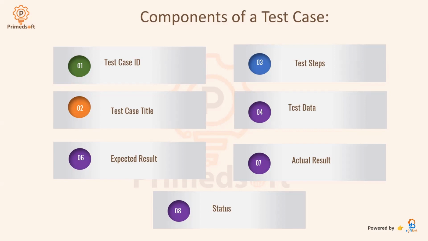So the second one I said is test case title. You need to give your test case a title, right? That title could be a description, which is a brief description of the functionality or scenario being tested. Like I've given you the scenario, you can say verify user can log in with valid login details.